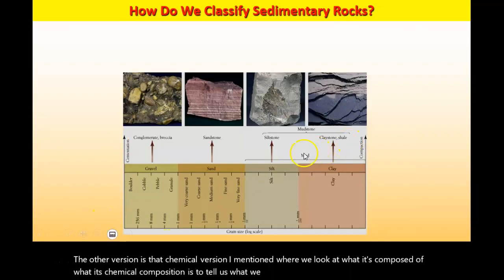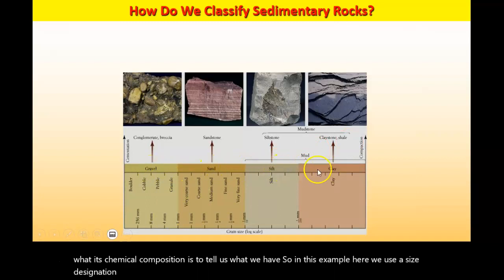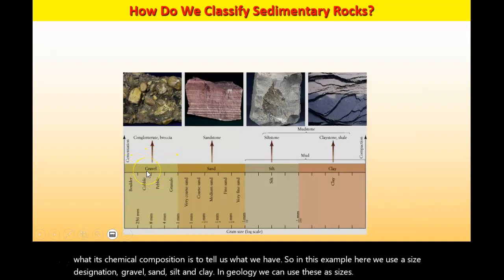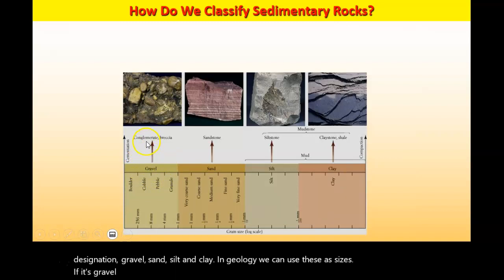So in this example here, we use a size designation: gravel, sand, silt, and clay. In geology, we can use these as sizes. If it's gravel size, it's either going to be called a conglomerate or a breccia based on the shape of the pieces.